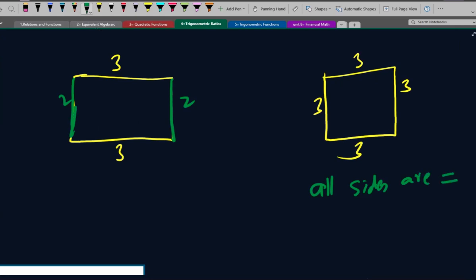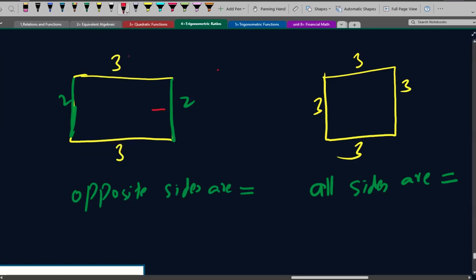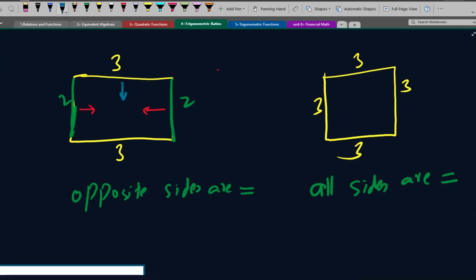In the rectangle, I just want to mention one thing. The right side is opposite to the left side, and the top side is opposite to the bottom side. In a rectangle, opposite sides are equal to each other.